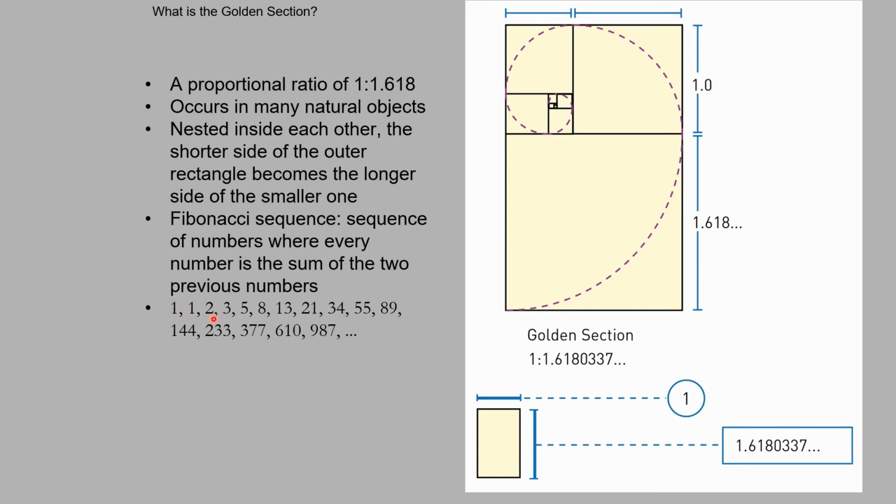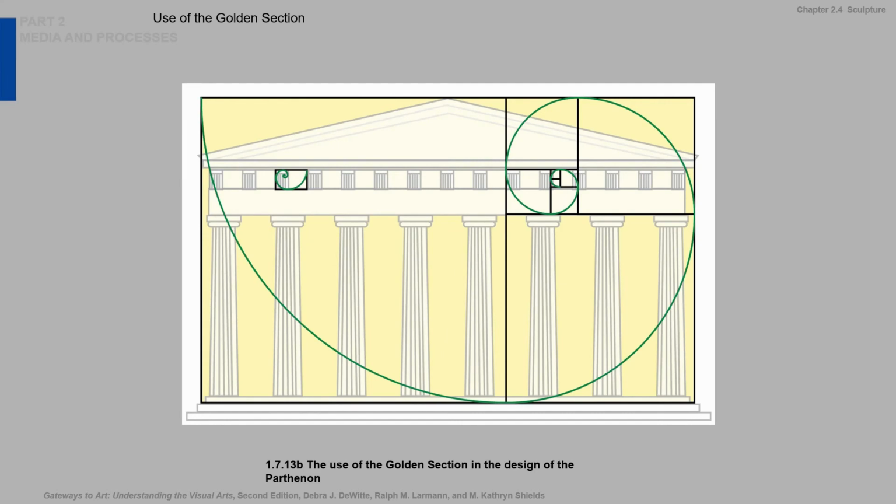So 1 and 1 is 2, 2 and 1 is 3, 3 and 2 is 5. And so it's basically the physical manifestation of that mathematical formula. But for the Greeks, it equaled perfection. And so we can see this all over the Parthenon, okay?